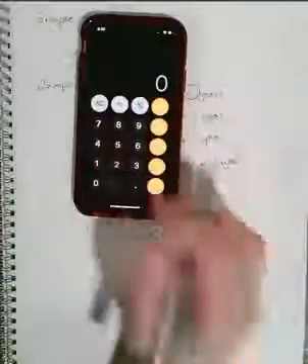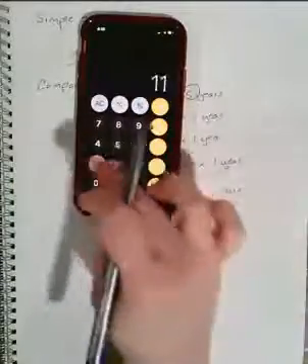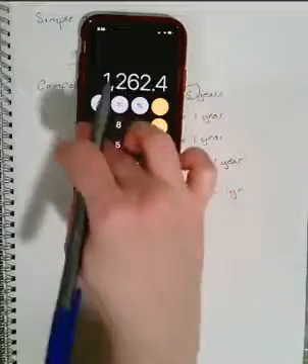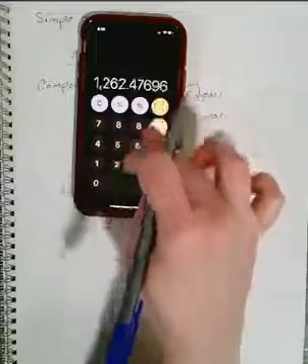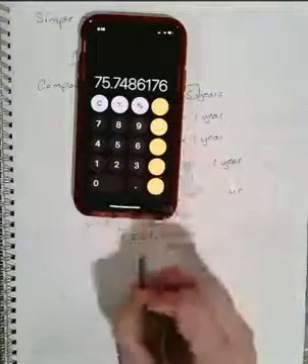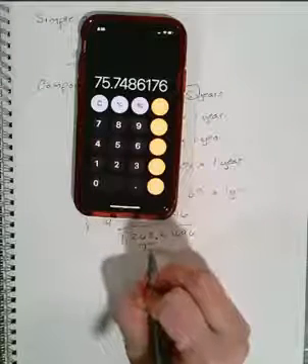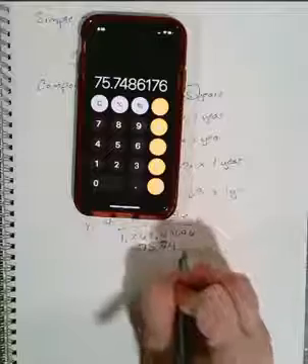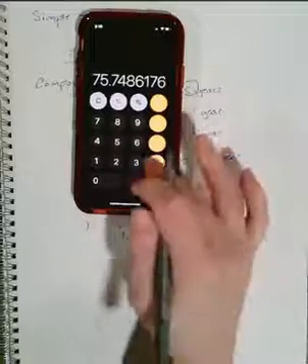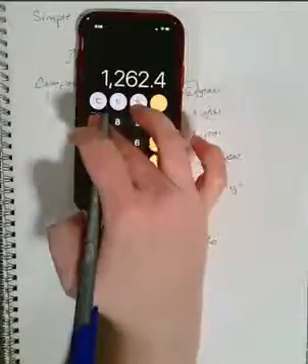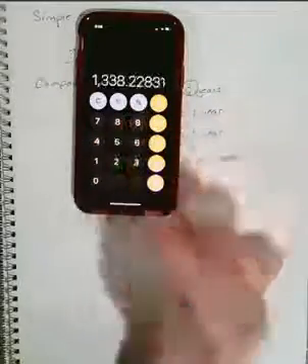Okay. And oh shoot, I shouldn't have erased that. 1,262.47696 times 0.06 times just 1 year. So our final interest is 75.7486176 plus 1,262.47696.